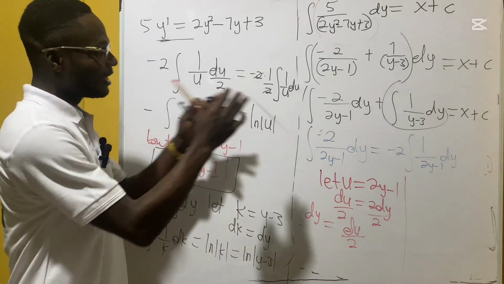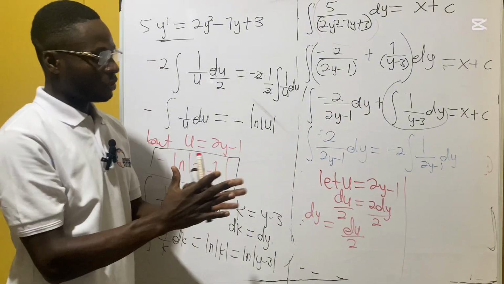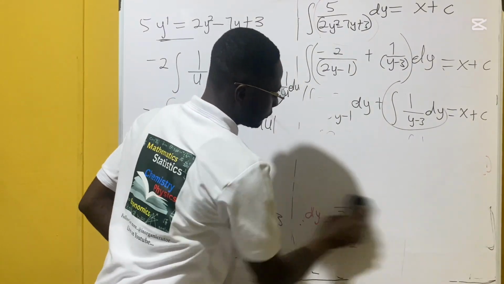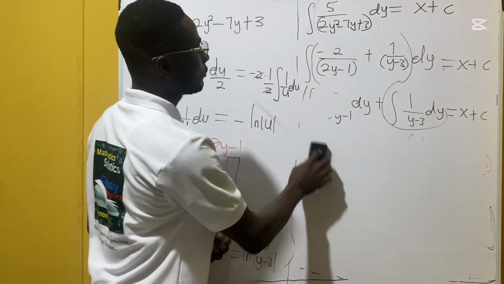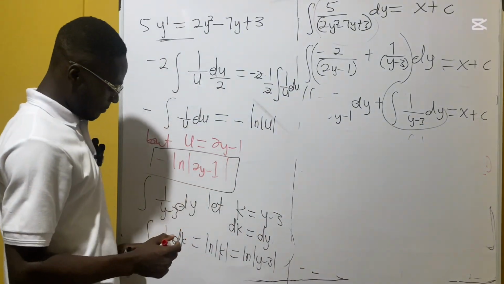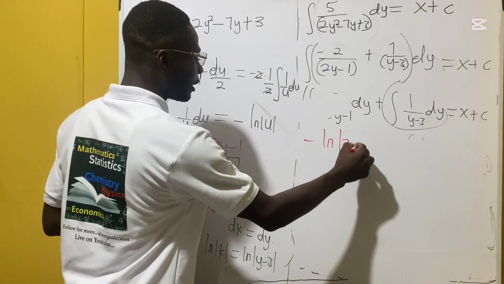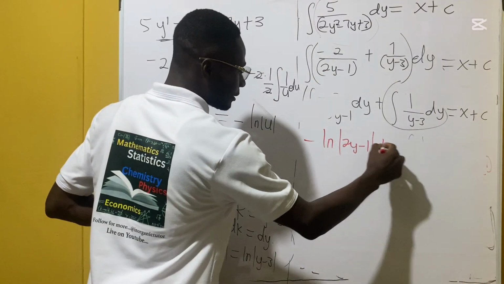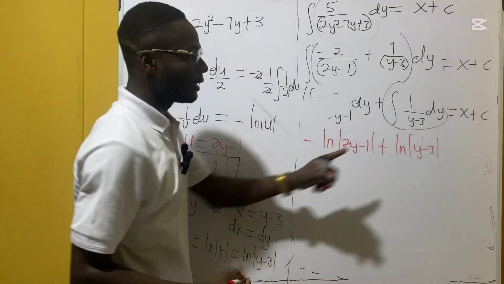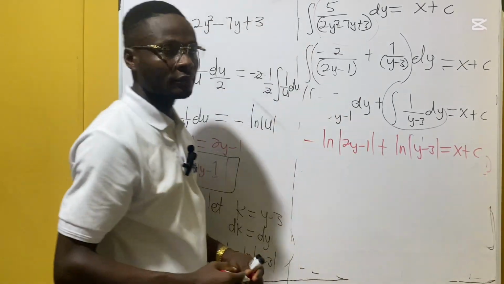Right? So let's go up here and put them into a combined form. We have negative ln of 2y minus 1 plus ln of y minus 3, and that should be equal to x plus c, right?